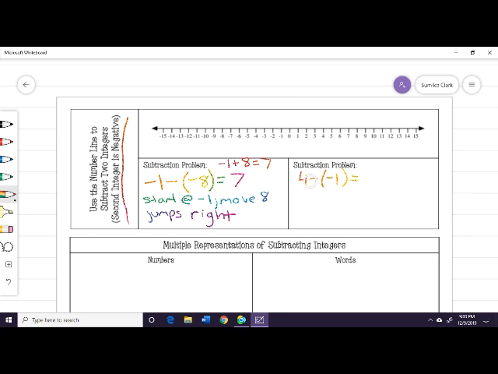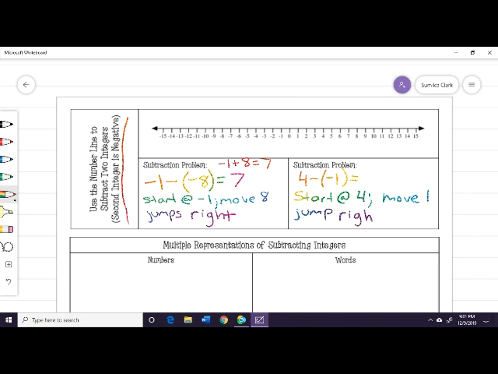Once again, the difference is that we're starting with a positive number here. So we're going to start at +4 and move 1 jump. Which direction? This first subtraction tells us we're going to go left, but then the negative sign tells us to reverse that, and we're going to end up going right.